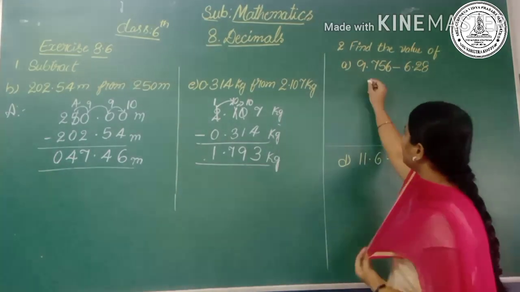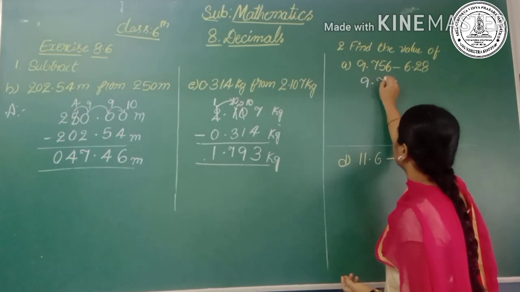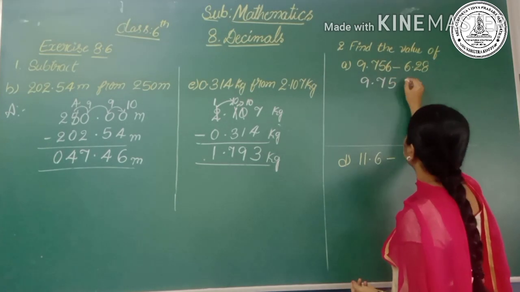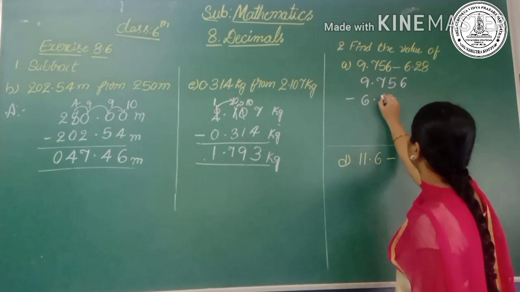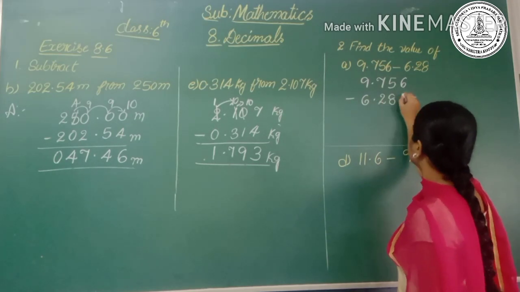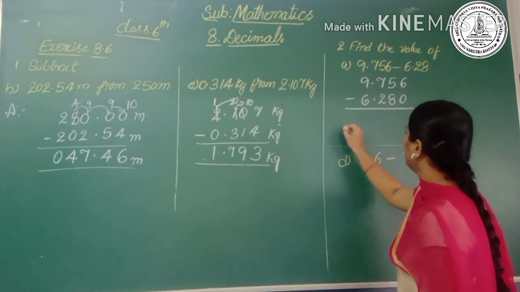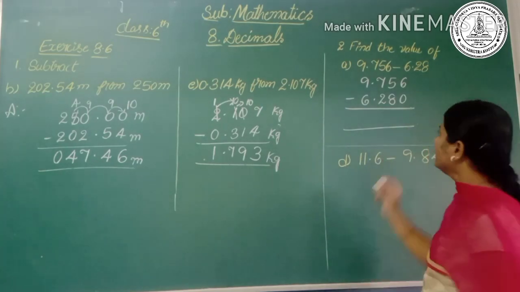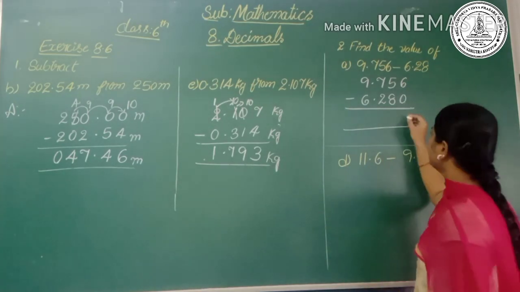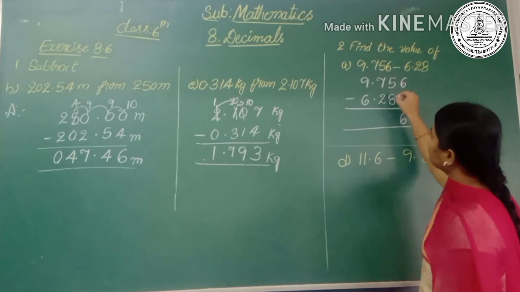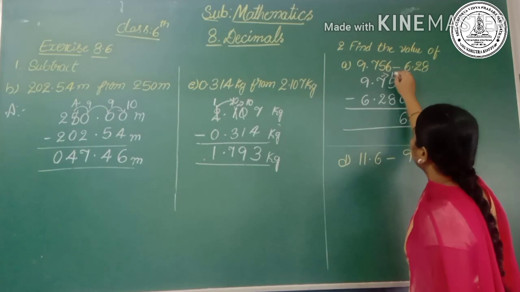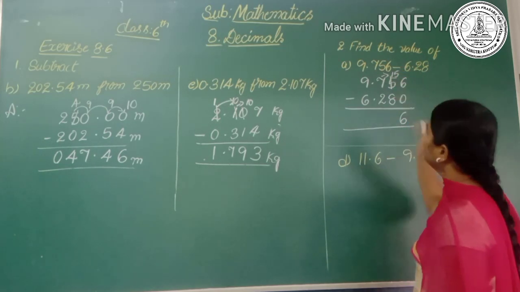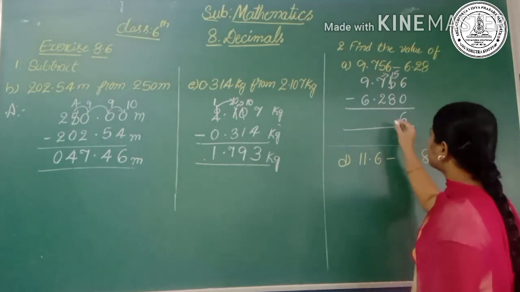Okay. Then subtract here: 9.756 minus 6.280. Yes. Now subtract: 6 minus 0 is 6. Then 5 minus 8 we cannot subtract, take a borrow, it becomes 15. 15 minus 8 is 7.